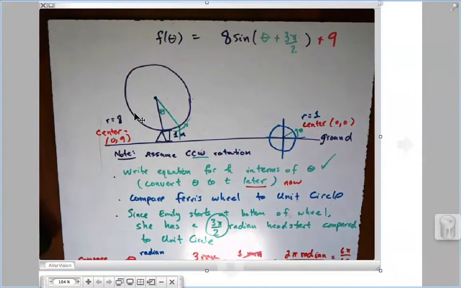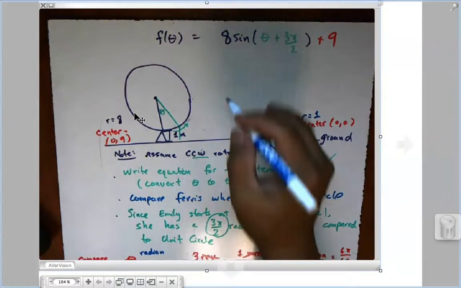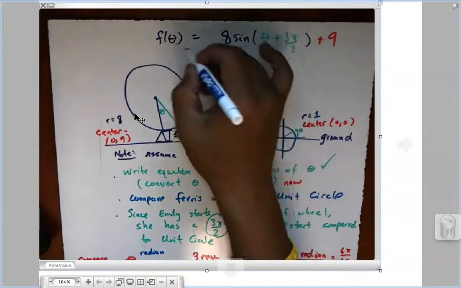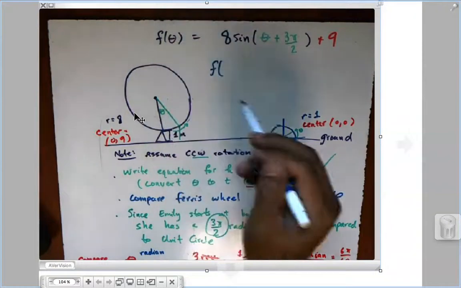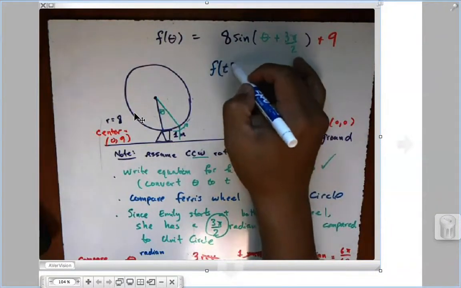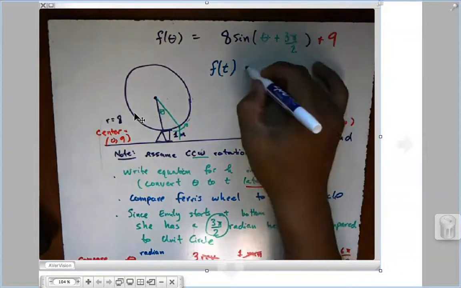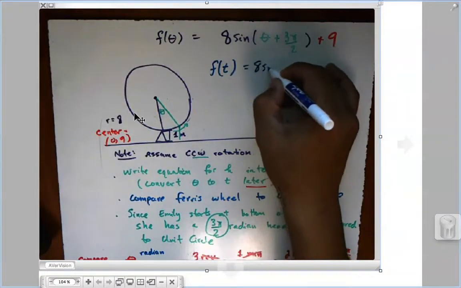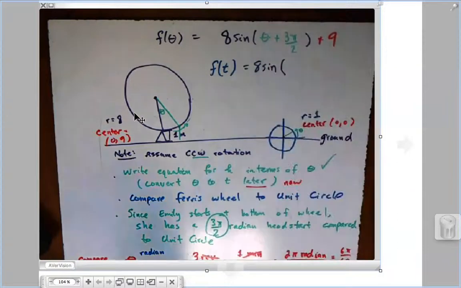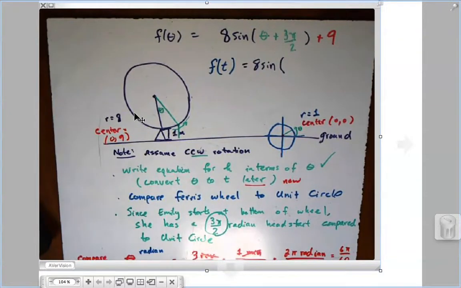So then we can make this conversion by just saying f of theta, actually converting from f of theta to f of t now. Well, it's the same thing as what we had before, except instead of saying theta, we're going to substitute pi over 10 t.